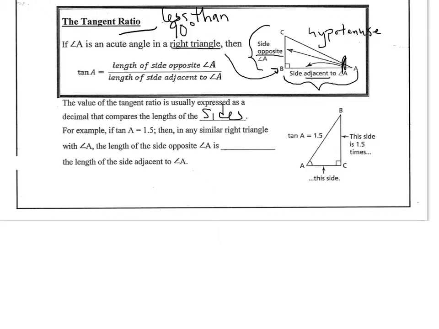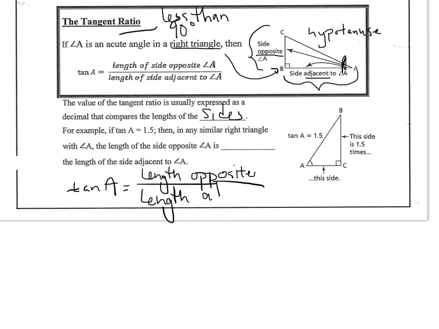For example, on our diagram here, if tangent of A is 1.5, so if we calculated that ratio, tangent of A equals the length opposite over the length adjacent. This is 1.5 right now.